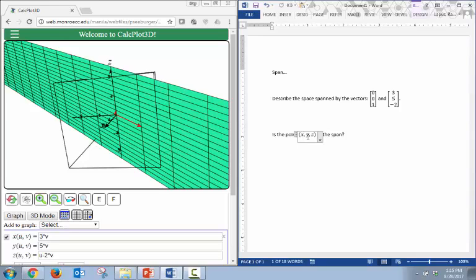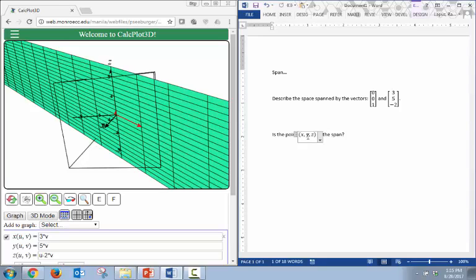We could have 0 here. 1, and then here? Negative. Let's do negative 2. All right, so what's this going to be? Minus 6? Minus 10? No, plus 5.